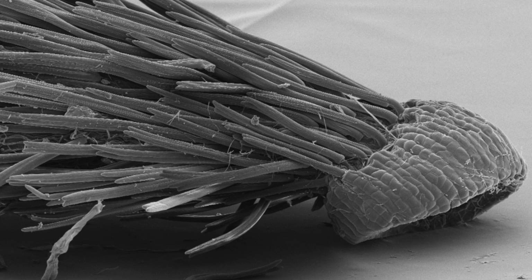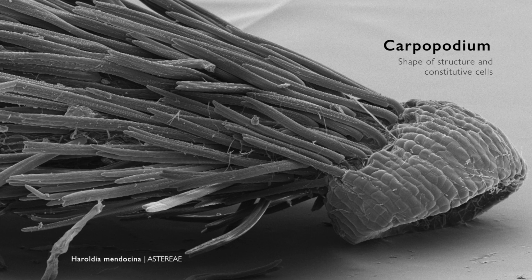Here is an image of a carpopodium from the scanning electron microscope, where we can see very nicely the structure of the carpopodium and its constitutive cells. We also see the twin hair characteristic of the cypsela of the Compositae, in this case in a genus named after Harold Robinson.